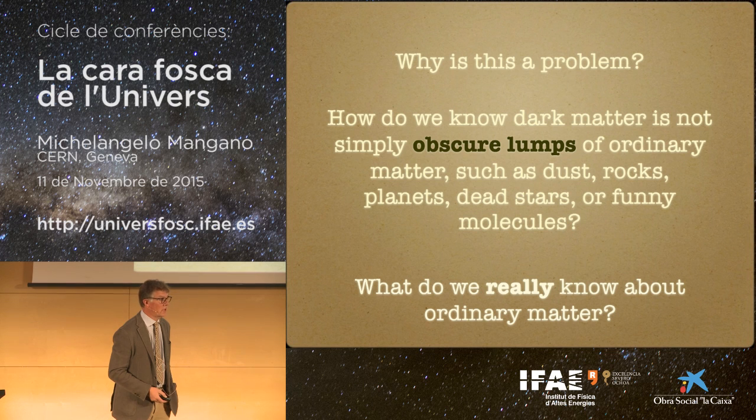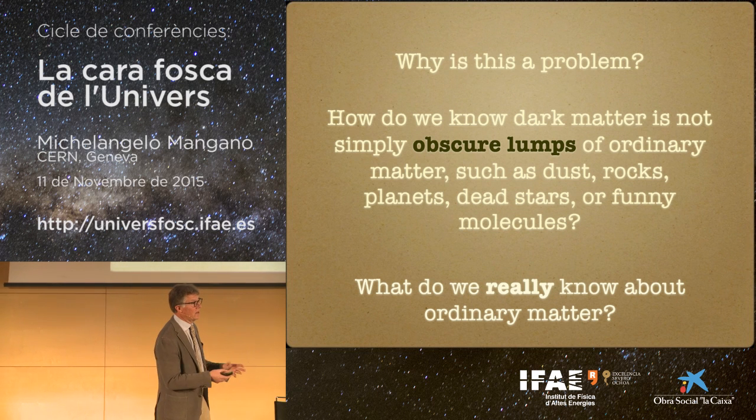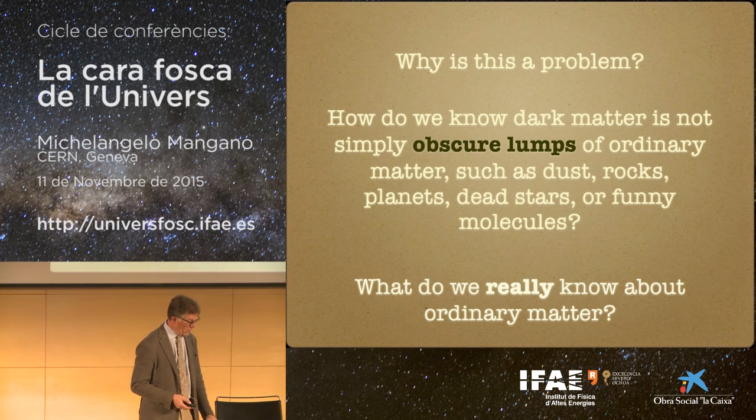So how do we know that this missing mass, this missing matter is not very simply some obscure lumps of ordinary matter, such as dust, rocks, comets, planets, maybe some funny molecules, some funny forms of chemistry that aggregates objects in different ways?